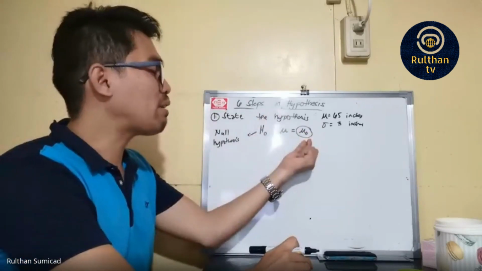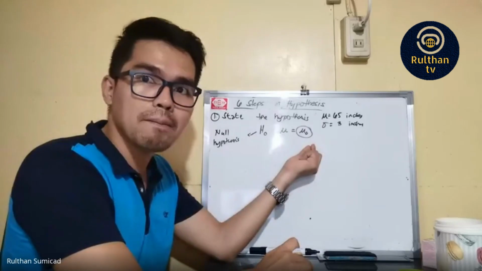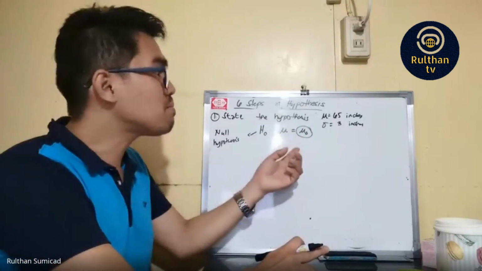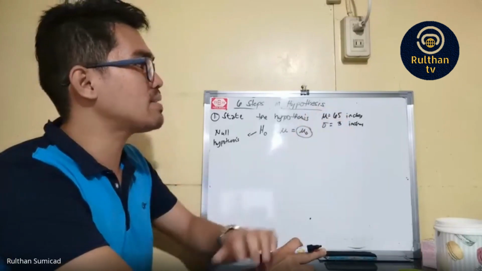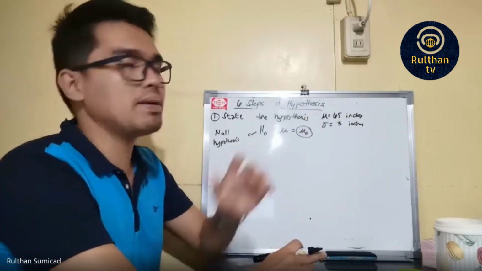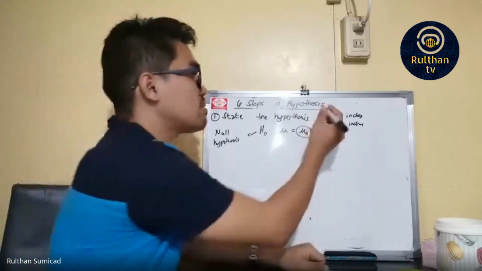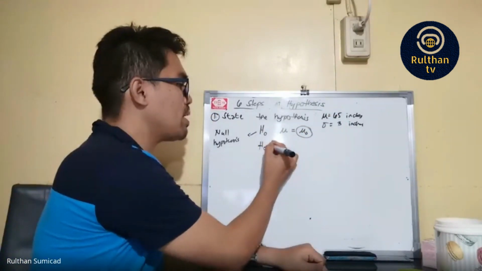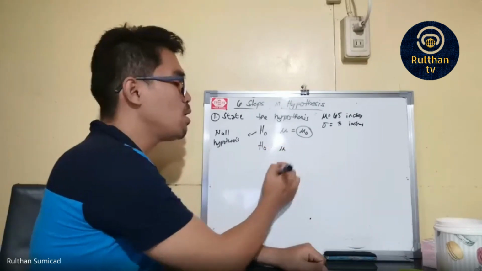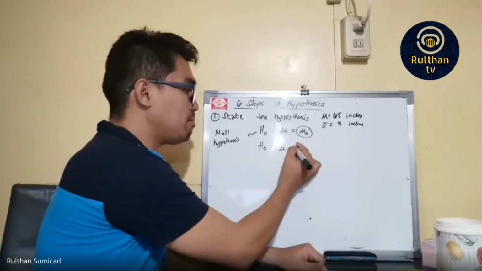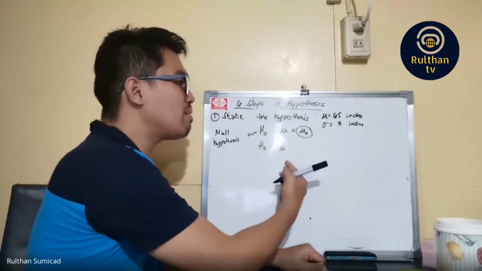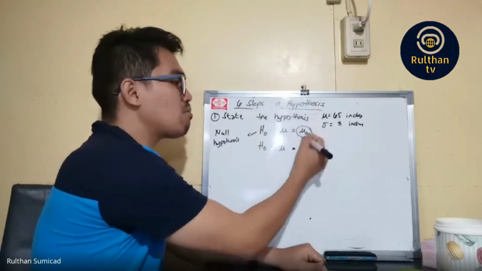We need to quantify what the population mean is. That is represented by mu sub 0. Mu sub 0 is simply mu equals 65. This is mu sub 0. So we will now state our null hypothesis: H sub 0 says the mean of the sample group is equal to 65.